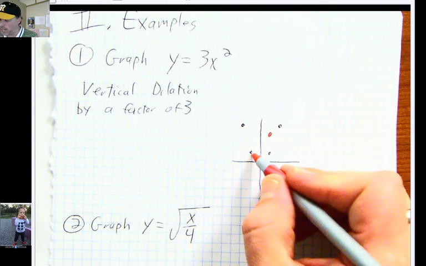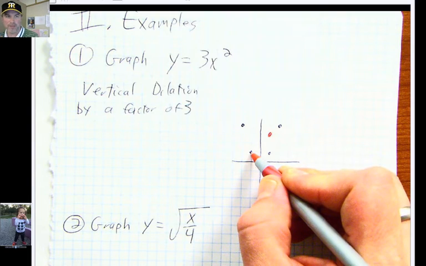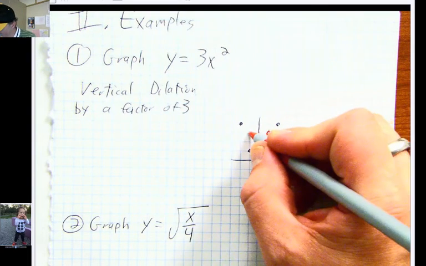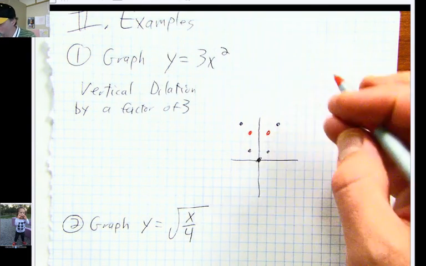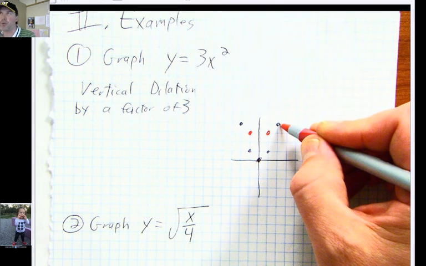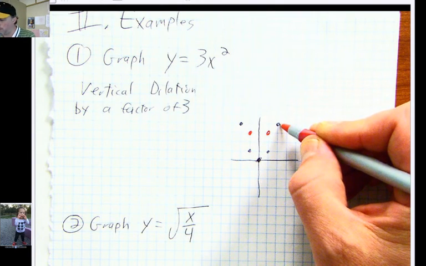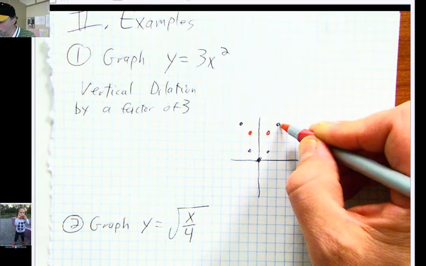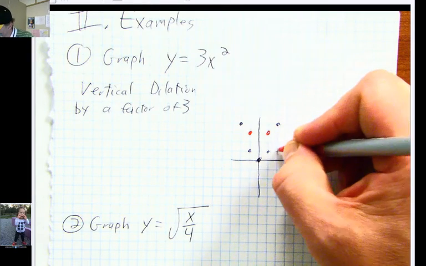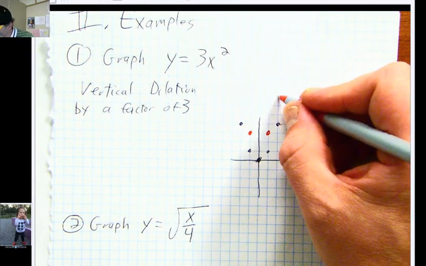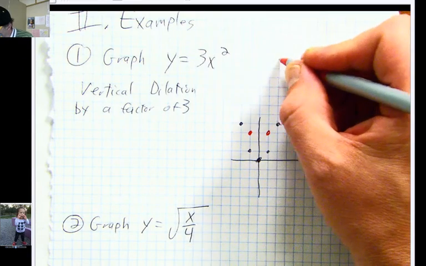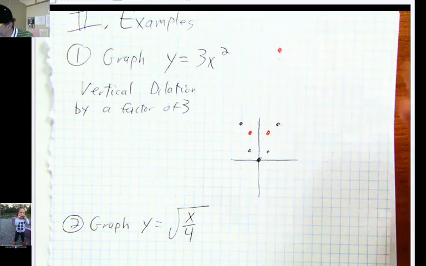This point currently has a y value of 1, but if I multiplied it by 3, it would move up to 3. This point currently has a y value of 4. If I multiply that y value by 3, it becomes 12. 1, 2, 3, 4, 5, 6, 7, 8, 9, 10, 11, 12. Same thing over here.